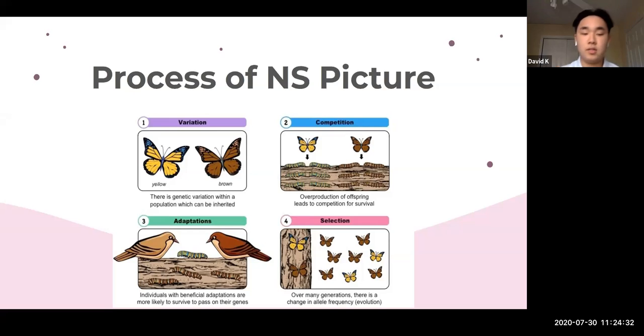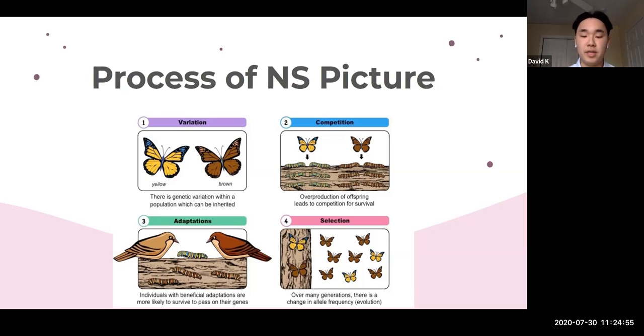Yeah, so what this will lead to is, as the yellow caterpillars die out and the brown caterpillars are able to live on, this will actually lead to number 4, which is selection. And over time, the brown caterpillars will grow into butterflies, and when they make offspring, they'll also be brown.